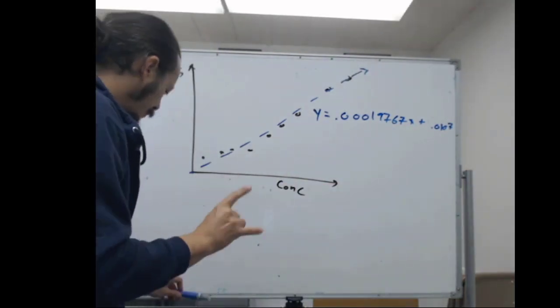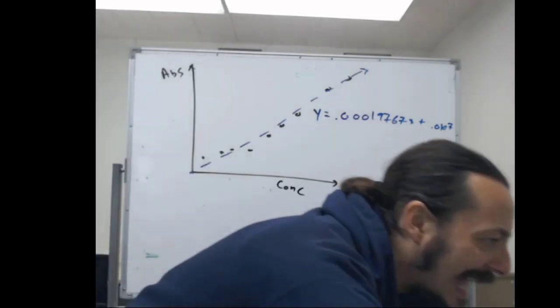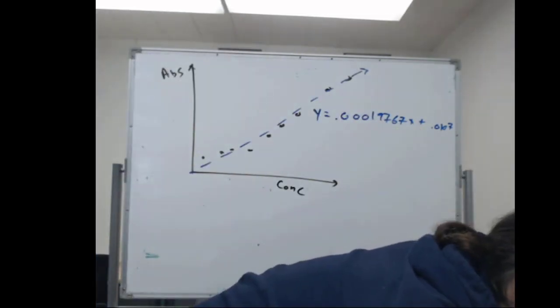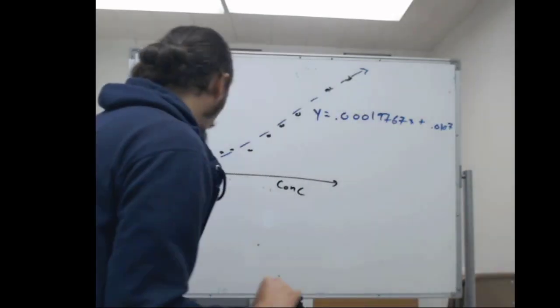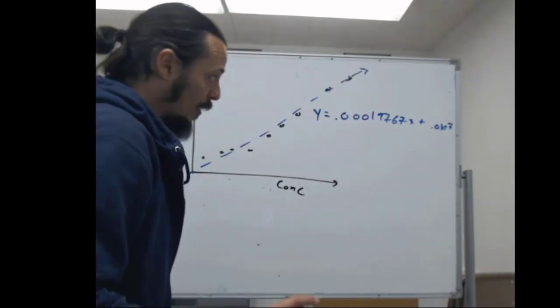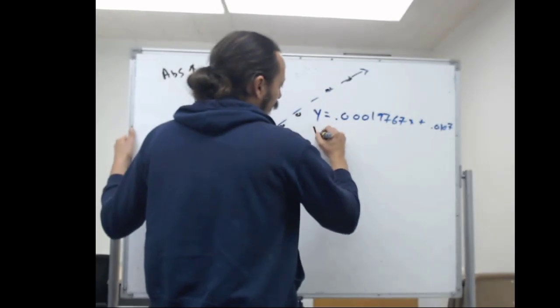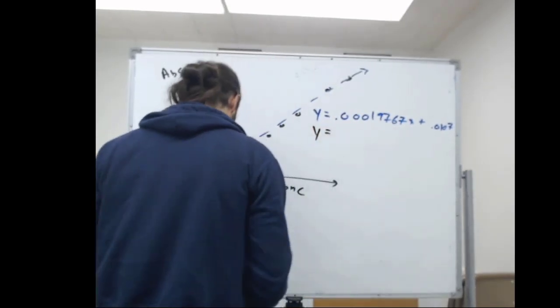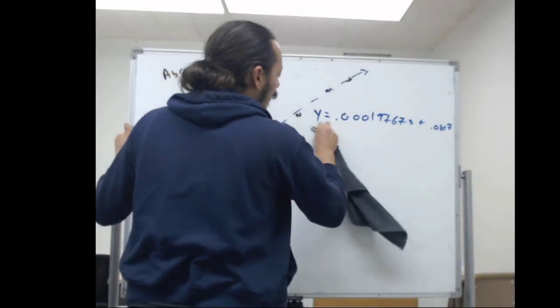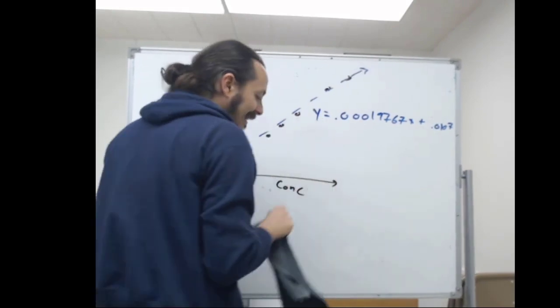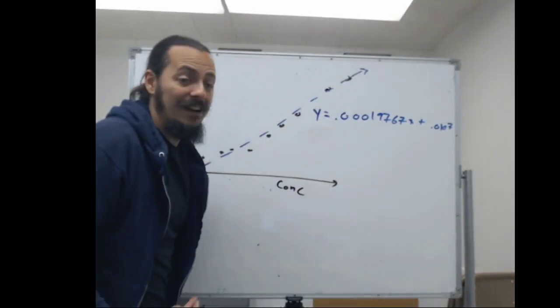But the trick to this, and the problem is asking us to calculate the molar absorptivity. And from what we remember from Beer's Law last week, hopefully, for the equation of a line, y equals mx plus b, that is our mathematical understanding of Beer's Law.